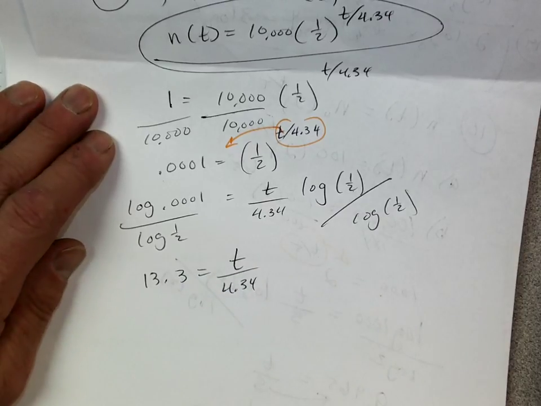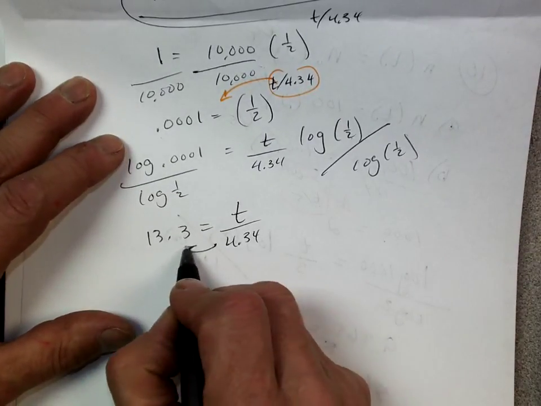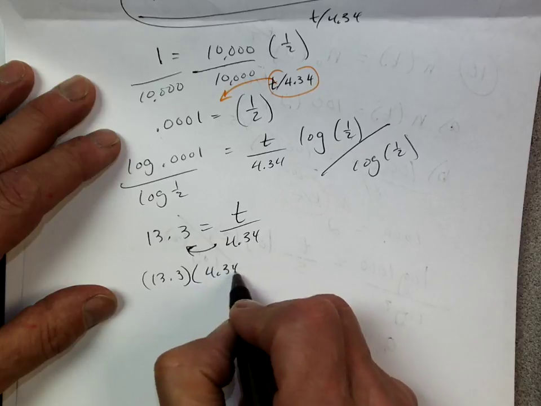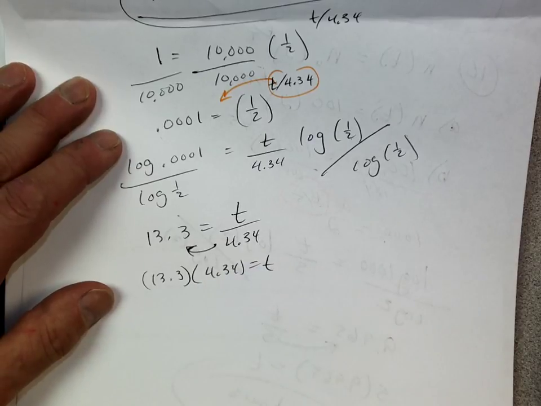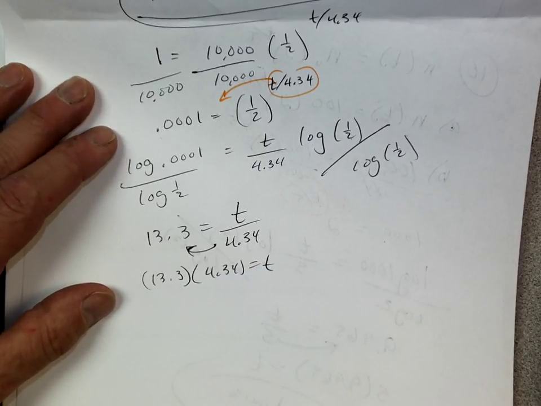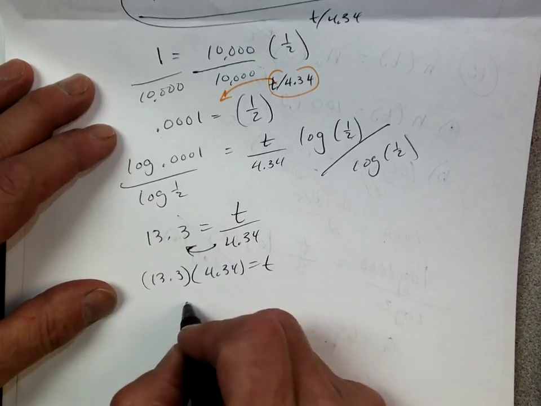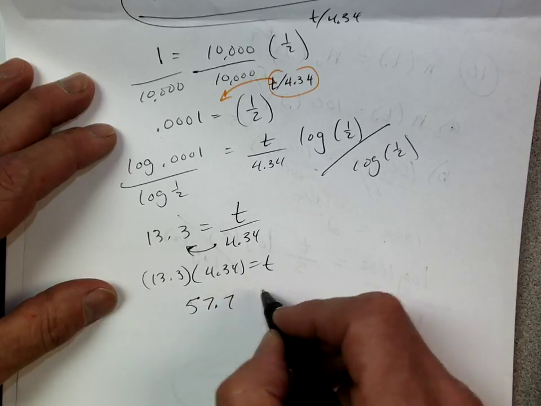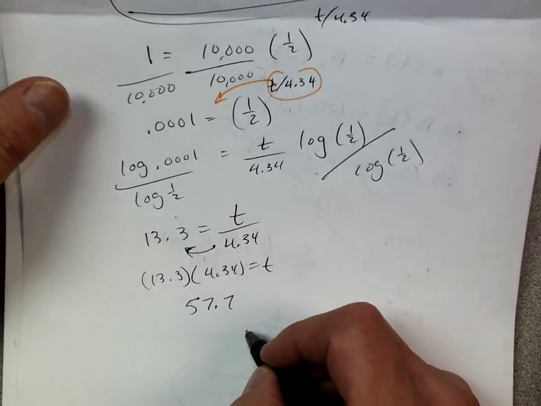Finally I multiply that up: 13.3 times 4.34 equals t, which is about 57.7, and that's got to probably be hours.